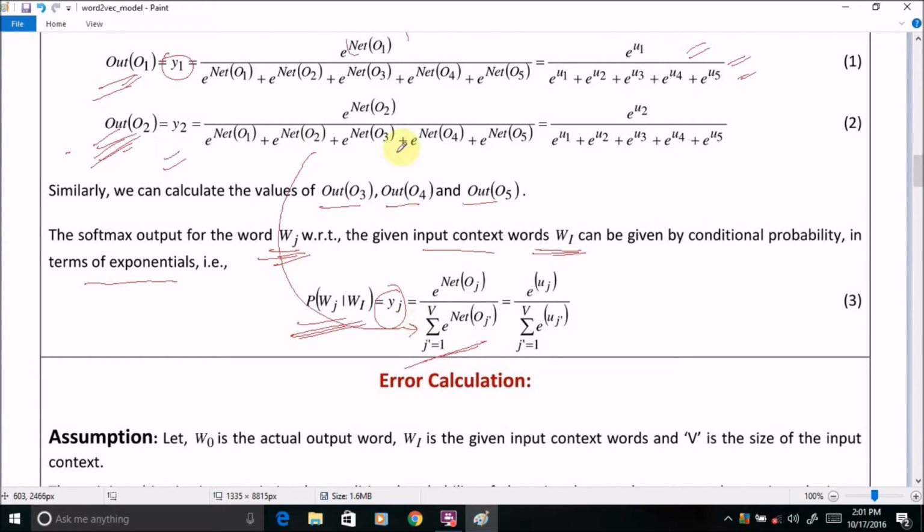This is another representation of this, and we can again rewrite it in this form using a short variable representation.